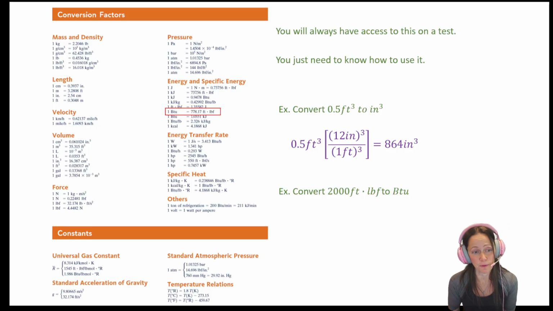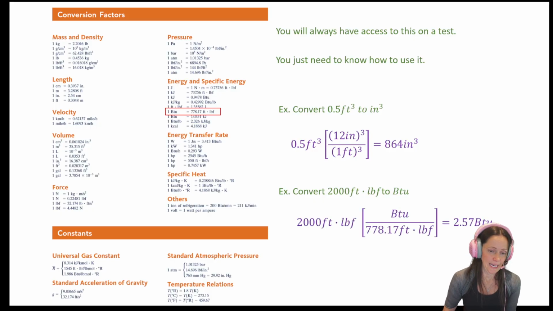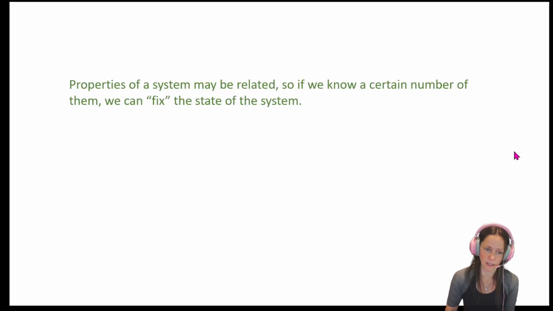Oh, there's a foot-pound force right there, conversion factor. And again, you're just making sure that the foot-pound force cancels out and you're left with BTU. So if you have any questions about unit conversions, please let me know. Come by office hours. There are tons of videos out there on YouTube if you need somebody else to explain it to you in a different way.